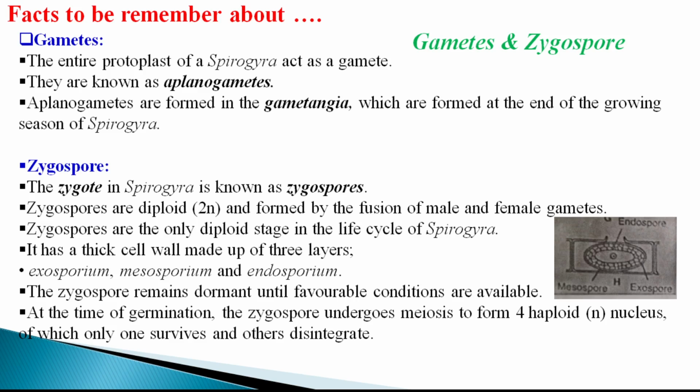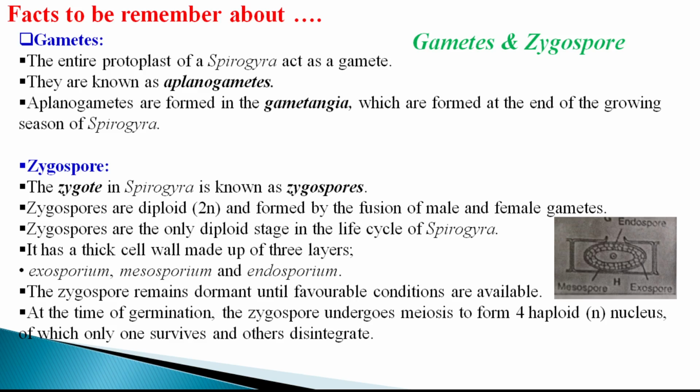So I'll make a separate discussion on this particular part in a series of Spirogyra reproduction, and it will be a very beautiful video for understanding, and I'm making sure that this particular video will cover the entire aspect of maturation of a zygospore, followed by the germination stage.